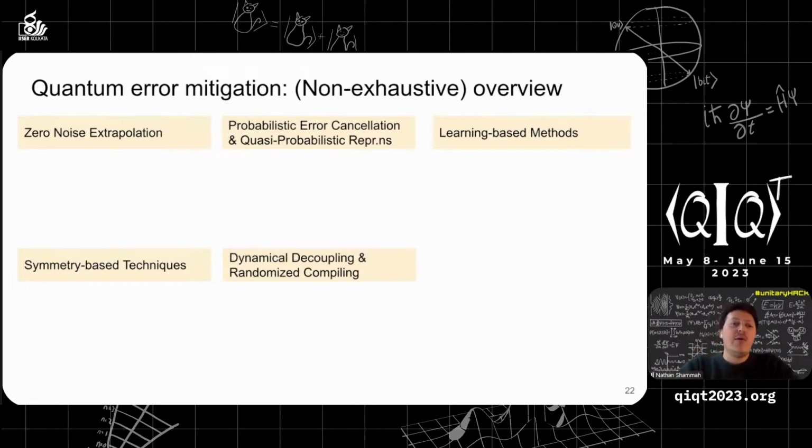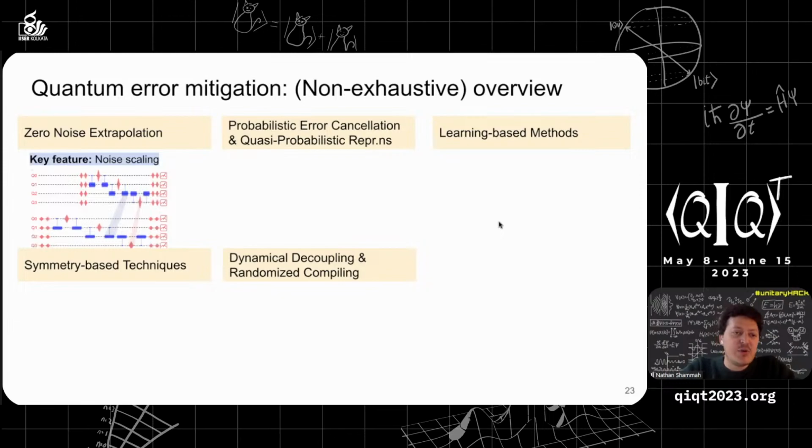Okay, so now let's give a brief overview of quantum error mitigation techniques, the most common ones: zero-noise extrapolation, probabilistic error cancellation, and so on and so forth.